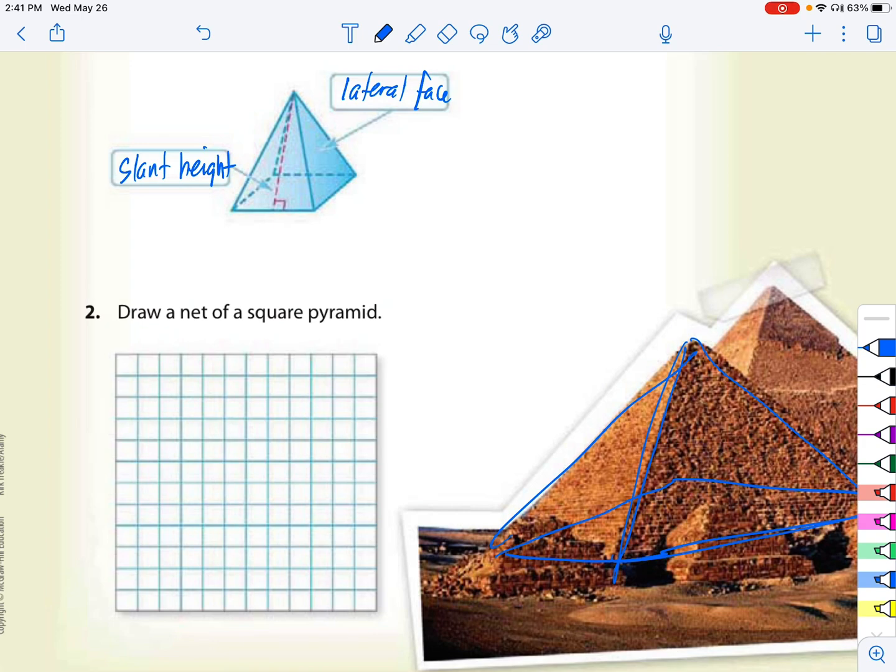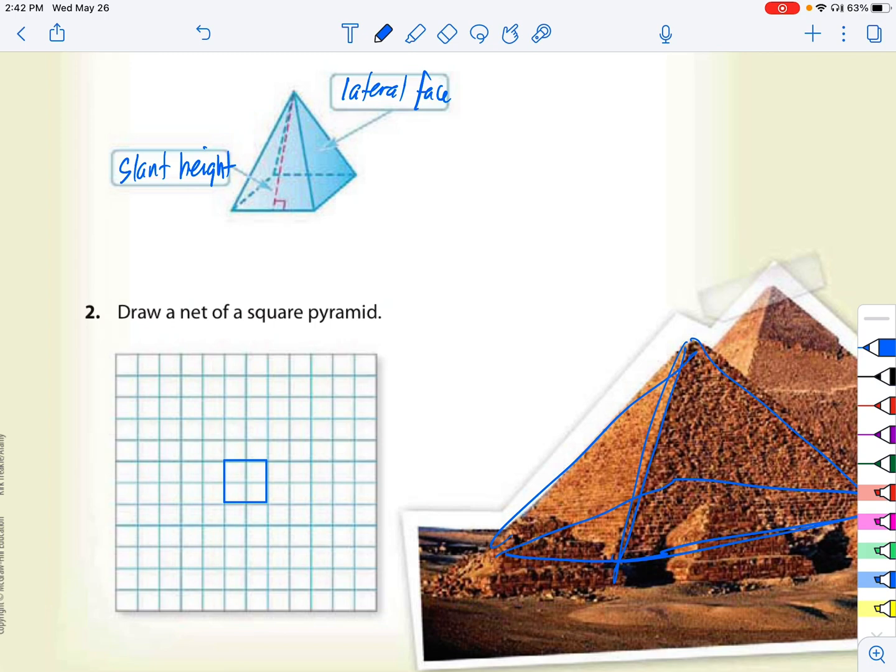And the base is a square, so I am going to create a square base. Let's do a square base. There you go, that's a square base.